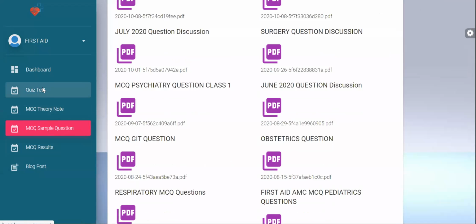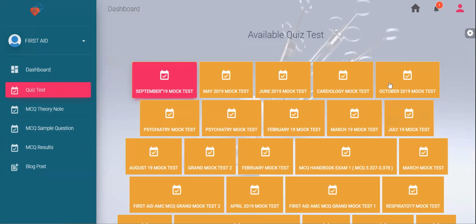Okay, and then we have a lot of MCQ tests available for you already. You can easily start appearing in our monthly exam, our theory exam, our grand mock test exam. All those exams are here for you. And the good thing is that you can find your MCQ results immediately after appearing in these exams, and you can see what percentage you have got, and whether you passed or failed.